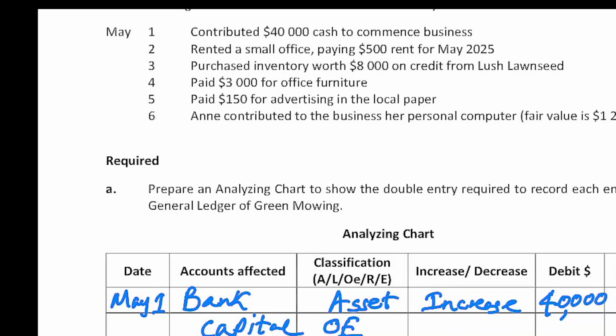Tell me. Why do you think it is decreasing? Okay. It is increasing. Why? Because owner's claims on the assets increase when the owner contributes. The opposite happens, decrease, with drawings. So it is increase.